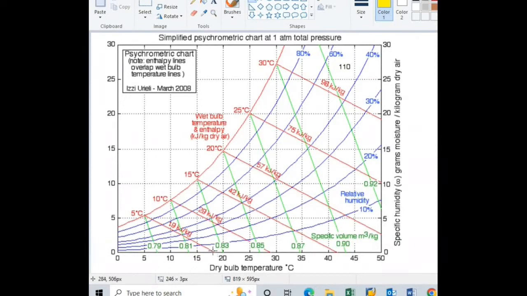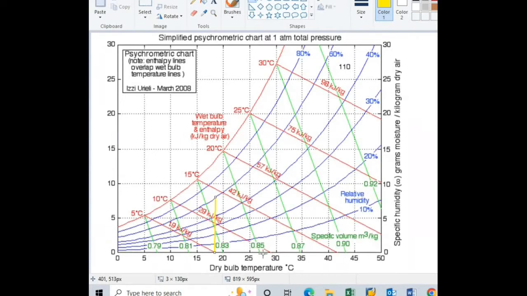So we have to take here one approximate vertical line at 18.5 degrees Celsius, and relative humidity is given, that is 60%. So here relative humidity is given 10%, 20%, 30%, and here is the line with 60%. And dry bulb temperature is also given on this horizontal line. So I will extend this line up to 60% relative humidity. So here is the point. So this is the point 1.